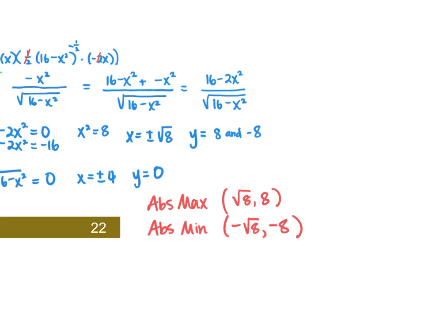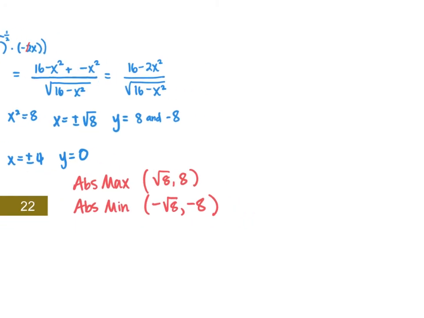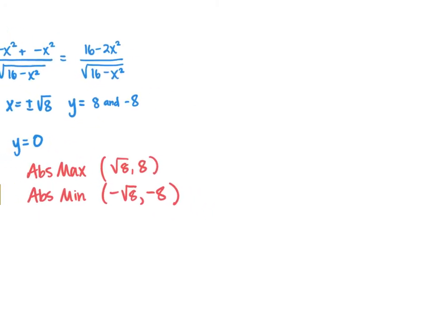Now sometimes when you're all done, it helps to peek at the picture of the graph and see what it looks like visually, to see if it makes sense. And this graph looks like this. And so we've got -4, 0 here, which is an end point, but it's not an absolute. And then we have 4, 0 over here, which is another end point, but not an absolute.